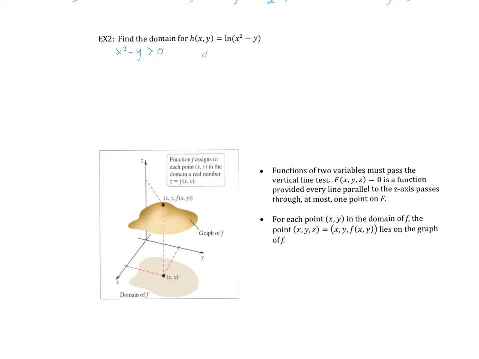So I could write that the domain of my function h is the set of all points x and y such that x squared minus y is greater than 0. Or I can isolate the y and have y less than x squared. So I can also write this as the domain of h, which is all points x and y such that y is less than x squared.